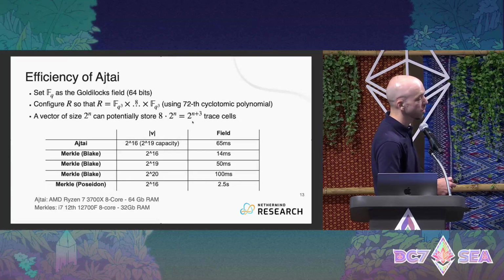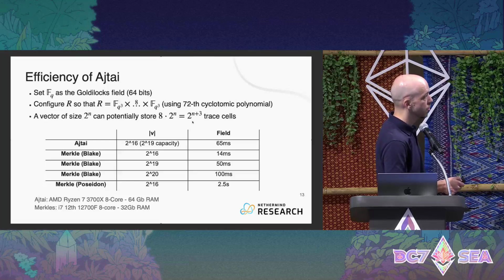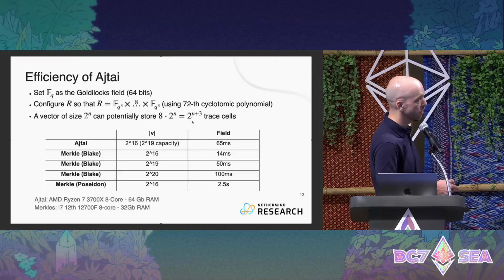Also, if you are using Merkle trees, you probably have encoded the witness, which means that here you have an extra 1 in the exponent, which is not giving you anything when you want to encode the witness. Maybe the overhead is even larger if the rate of the code is less than 1/2. So if we compare 2 to the 19 and 2 to the 19, we get similar performance.